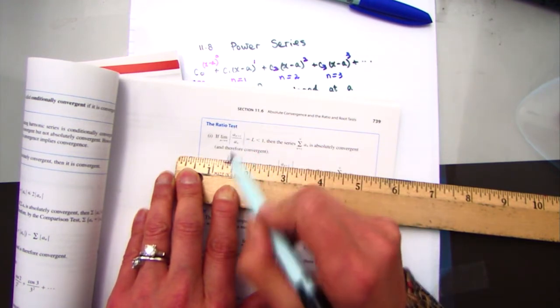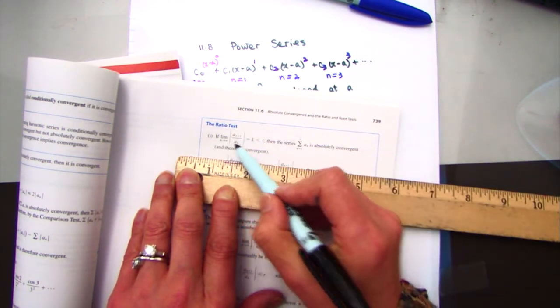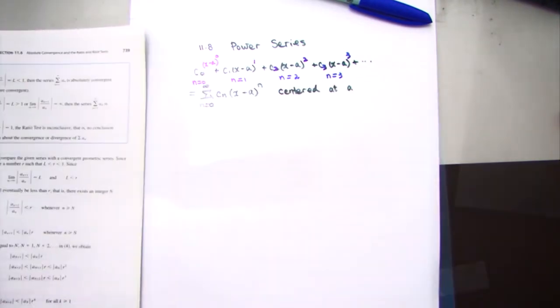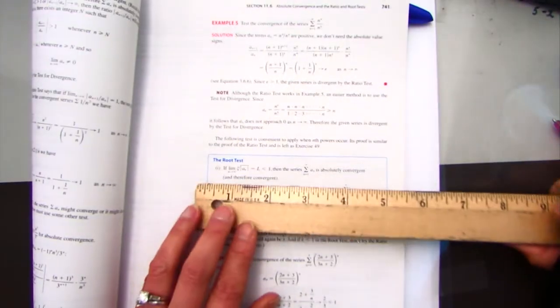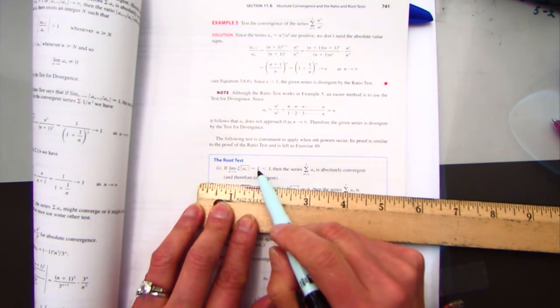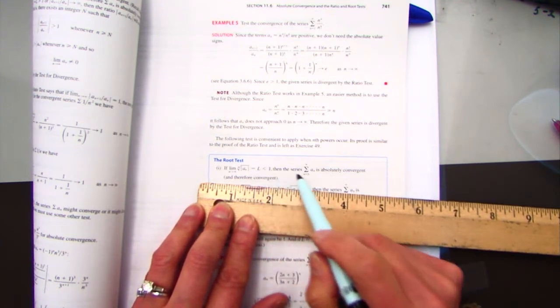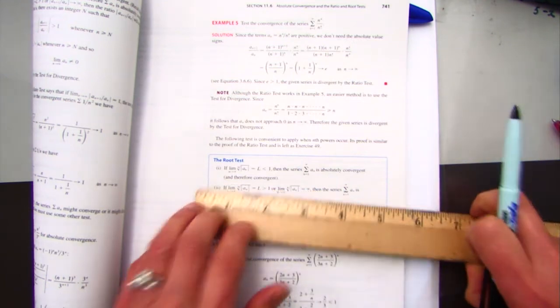Not at the beginning, not at n equals 1, not at n equals 10, but at the very end of a series. Also there's a root test. Again, I recommend you just use your precious memory to remember the first condition. If this is true, it's absolutely convergent.